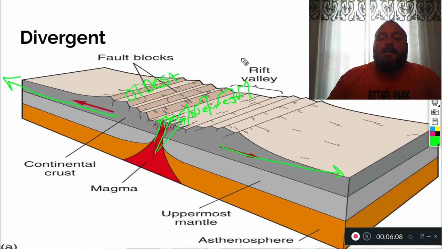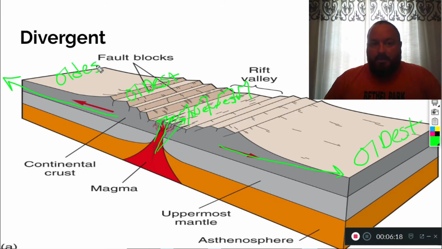So when we look at these divergent boundaries, we have our oldest plate near the shoreline of these oceanic plates, because the oceanic plates are going to be where this divergence happens. We don't have a lot of continental divergence. Most of it's oceanic divergence.